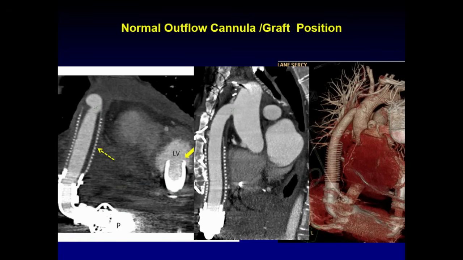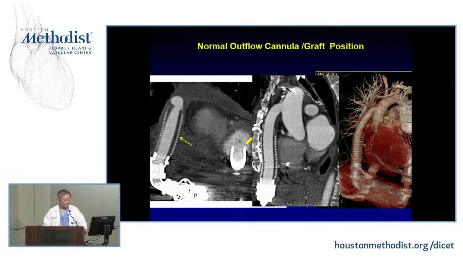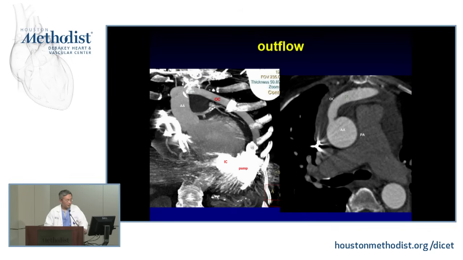Okay, the outflow cannula is extremely variable, especially for HVAD and HeartMate 3. HeartMate 2 is a little bit more predictable. This is how a normal cannula position looks, straight up all the way to the mid-ascending aorta, and that's the anastomosis. No kinking, no stenosis at the anastomosis site. And this is a case of, I think, HVAD.